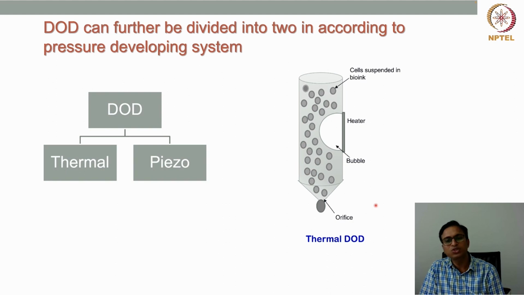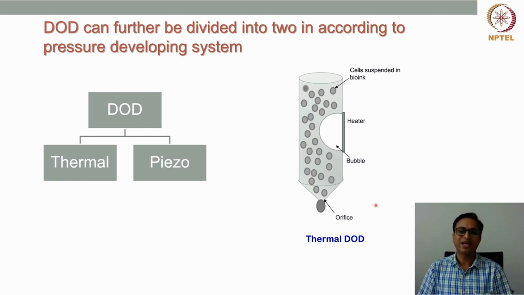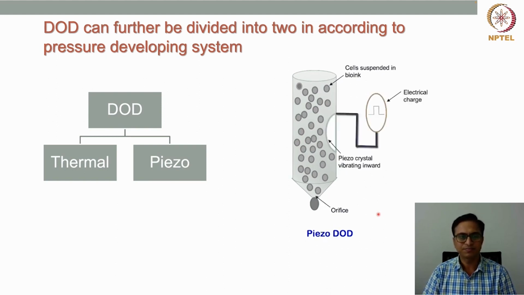So we need to choose the process parameters accordingly so that the printing process can be smooth, accurate or efficient, right? So that's the principle of thermal DOD printing. Based upon the heating, the bubble production, the droplets are generated, and those are being used. So thermal DOD printing is very widely used for different applications.